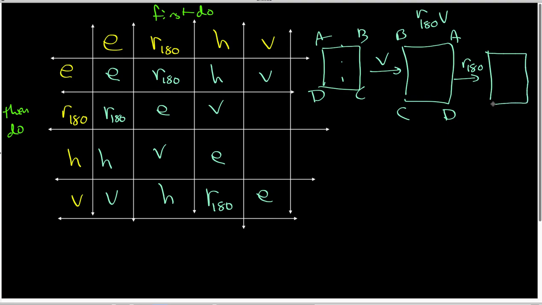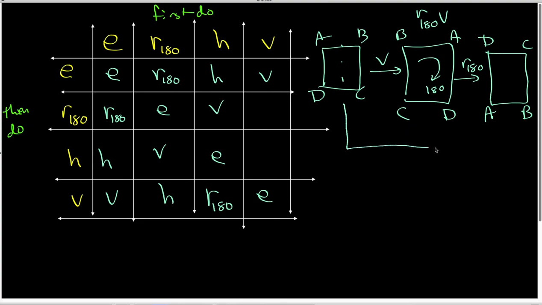And when I do R180, A is going to land here, C is going to land there, D is going to land here, and B is going to land there, because I am now rotating 180 degrees. So this element here lands here, this element here lands here, this element here lands here, and this element here lands there.